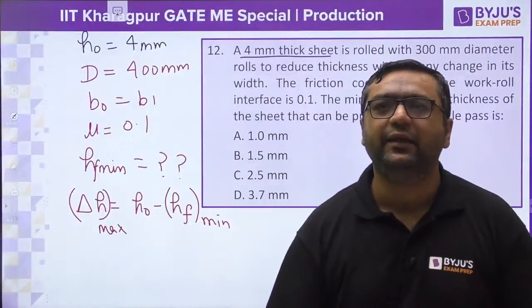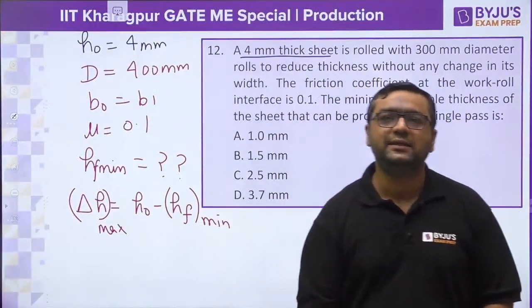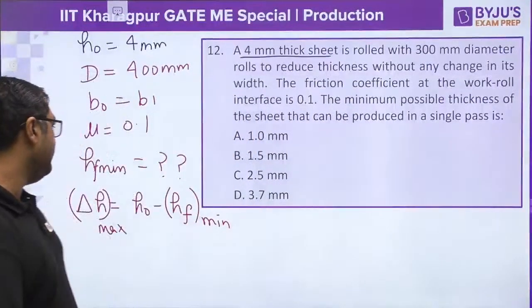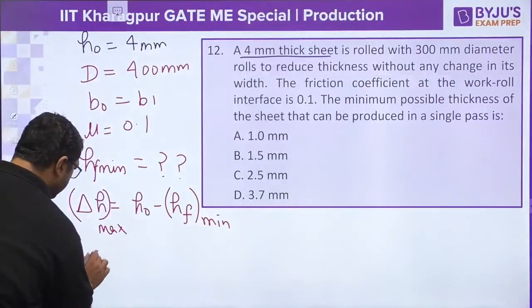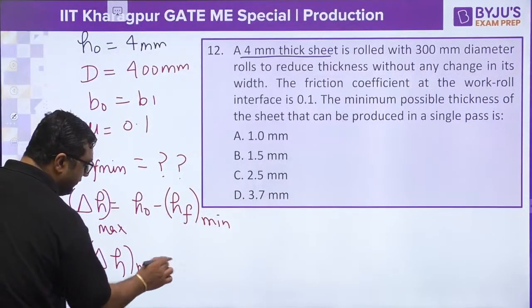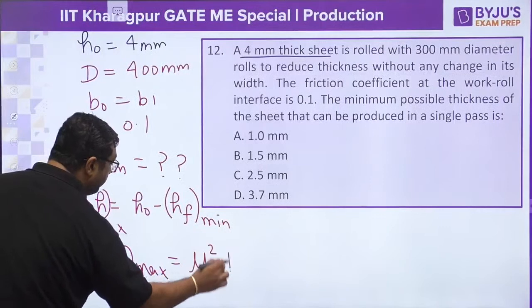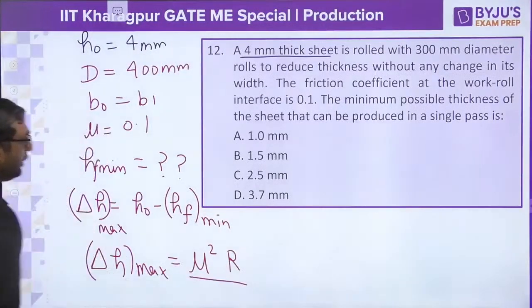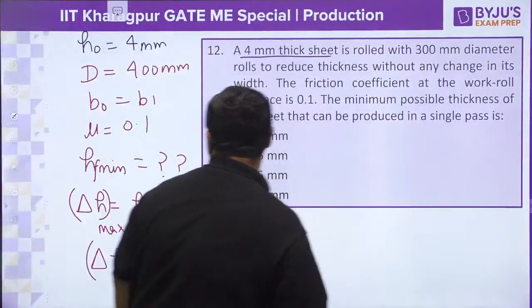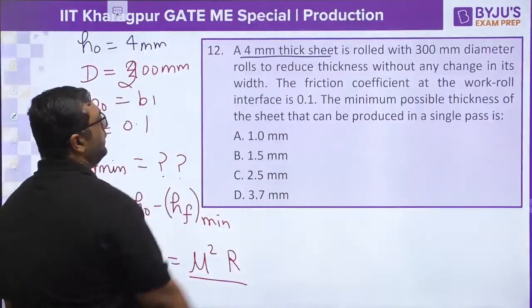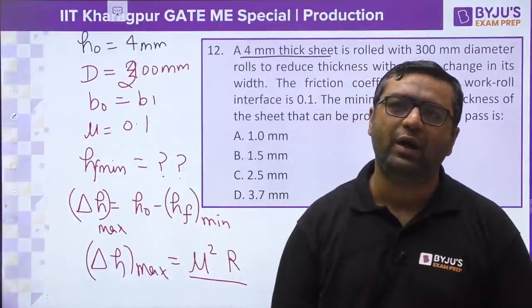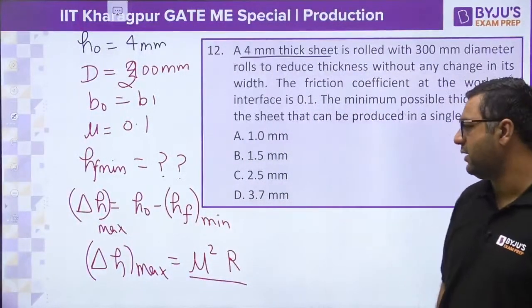If you do not remember the formula, I am giving you: ΔH maximum is μ²R, where R is the radius of the roller. Here diameter is given, be careful. If you put the diameter in place of radius, you will get the wrong answer.